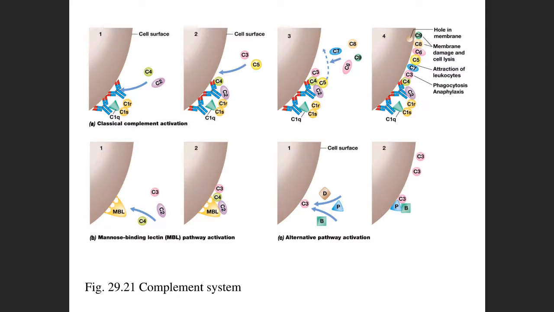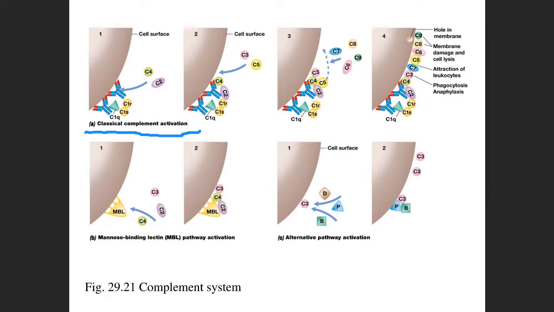So I want to focus your attention on the top, the classical complement activation. So what happens is, here is the part that you need: you need 2 antibodies on the surface of the bacteria, side by side, not far apart, side by side.